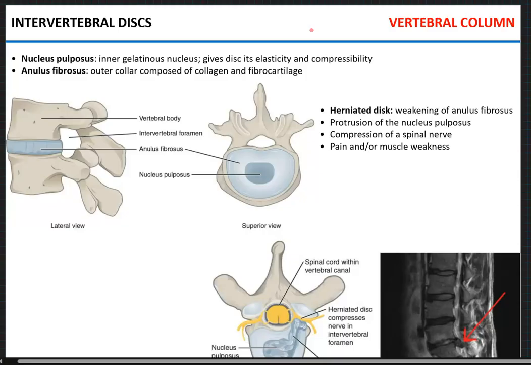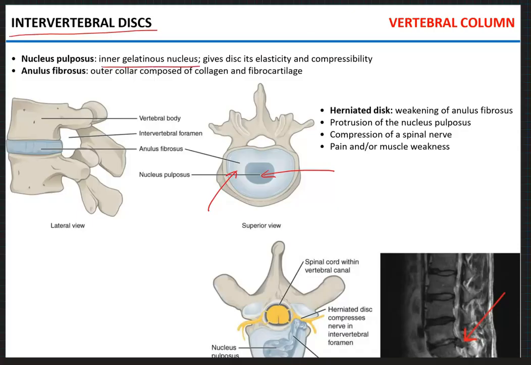In the vertebral column, the vertebrae are separated by intervertebral discs. Intervertebral discs have two layers: the external one, called annulus fibrosus, and the internal one, called nucleus pulposus, basically nuclear pulp, which contains a soft gelatinous mass.